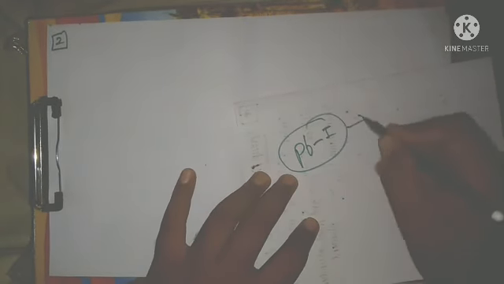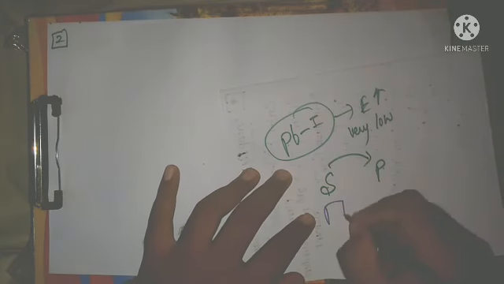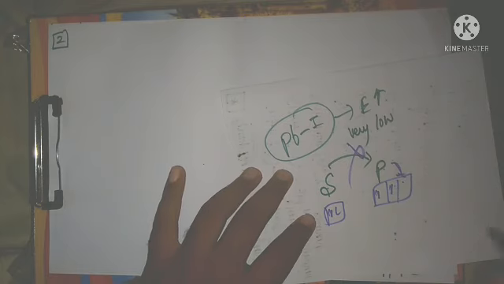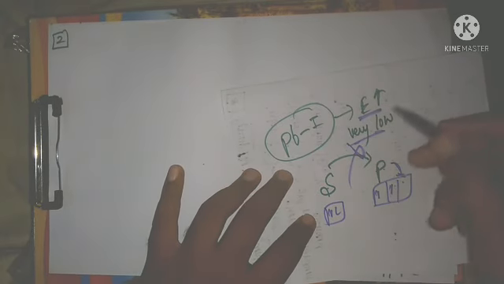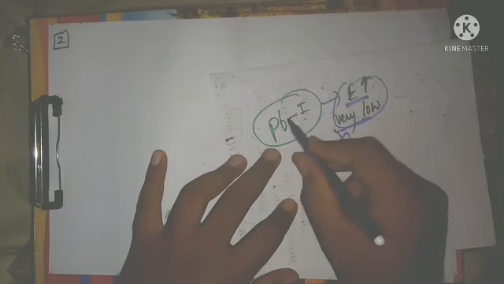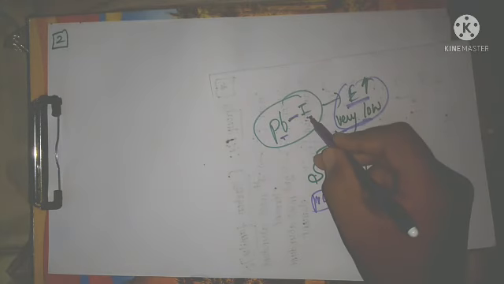When the Pb-I bond is formed, energy is released. This energy is very low, so the s electron is not jumping to the p orbital. The paired s electrons are not jumping to the p orbital because the energy released when the bond forms between lead and iodine is very low.